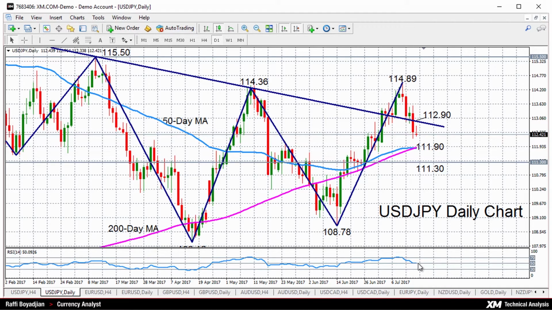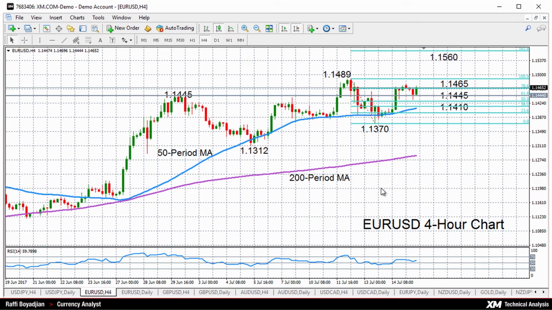RSI is neutral though, and that pretty much underlines the current medium-term picture for the pair, which is mostly neutral since December.